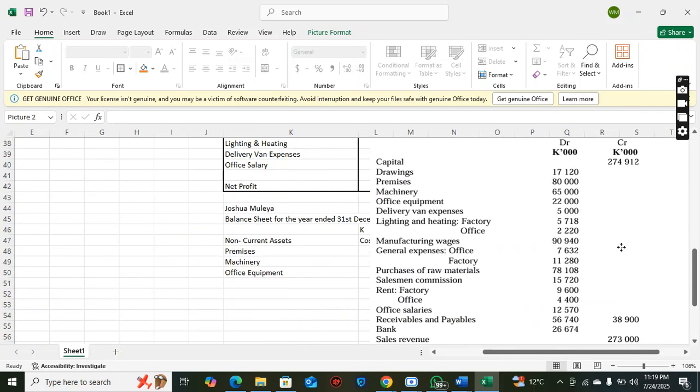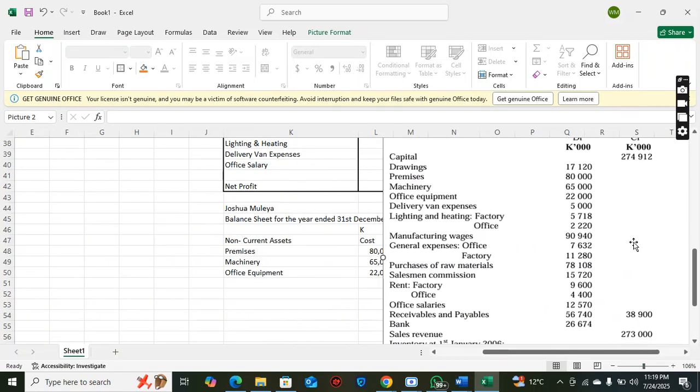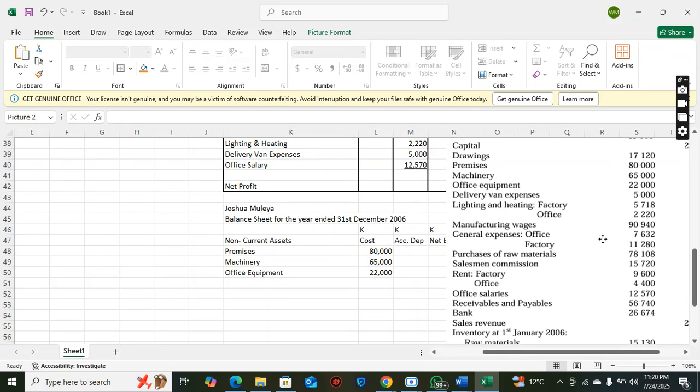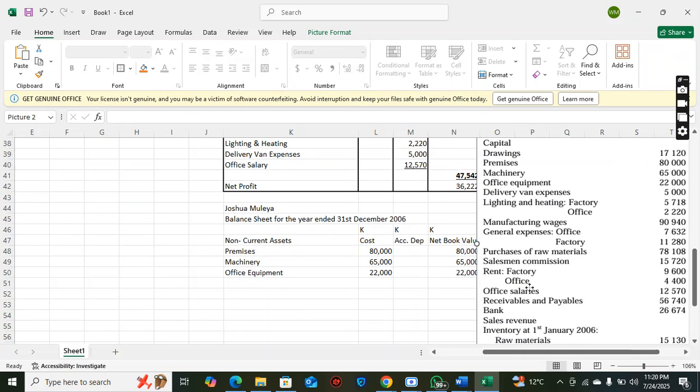I don't think so, because if you put delivery van expenses, that 5,000, and you've already put it in the statement of profit or loss, I think you'll be in error. So the delivery van, since you haven't been given the amount, its value, don't put it. I would advise not to put this 5,000 there.